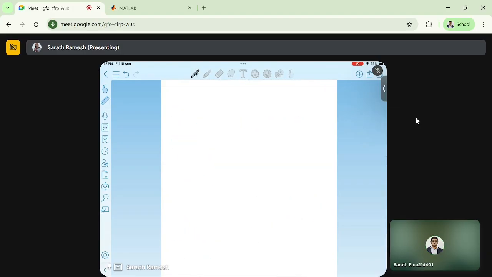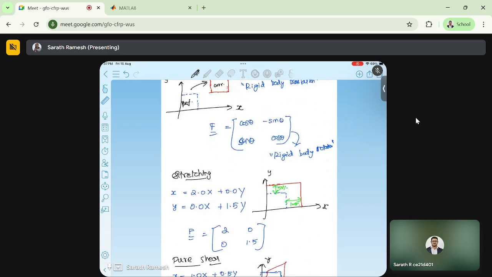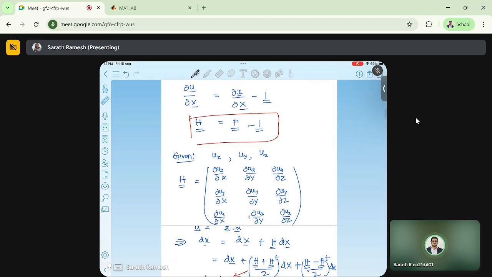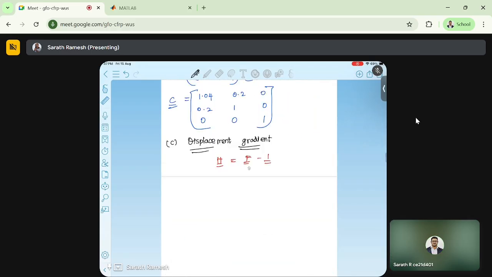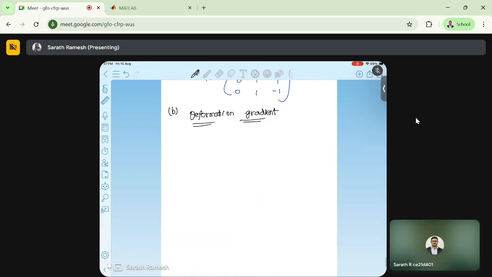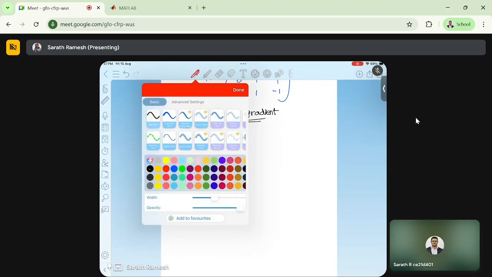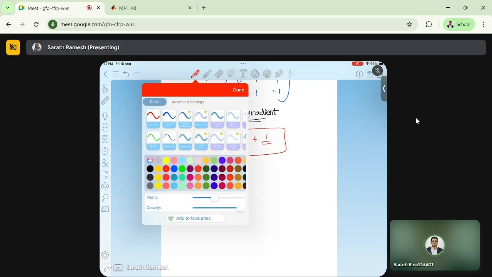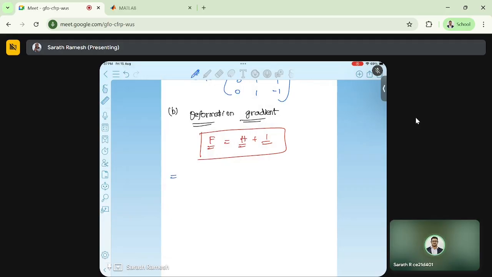We saw at the beginning of today's session, H is equal to F minus I. So F equals H plus I, right? So F equals H plus I. This is F.